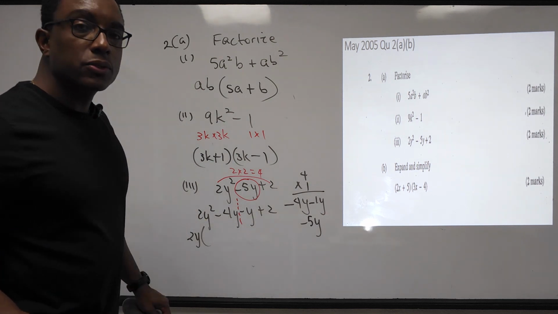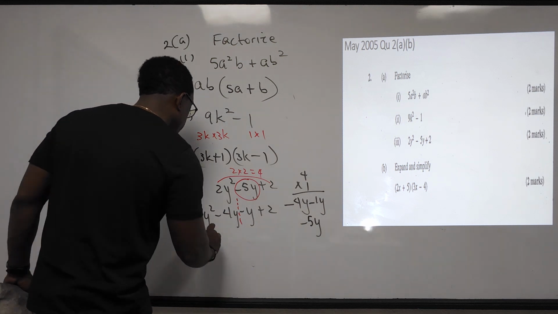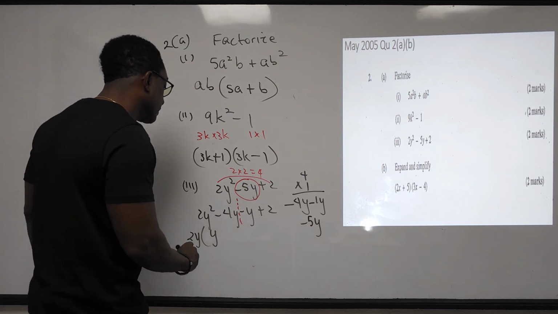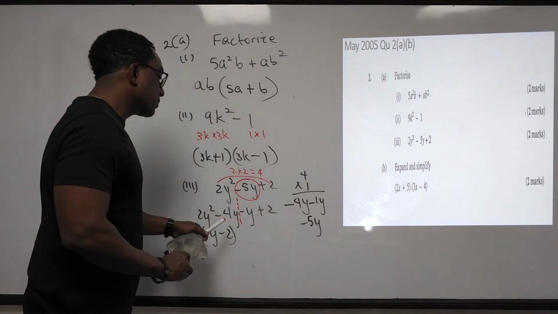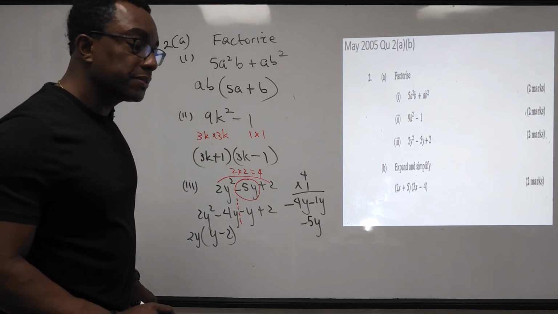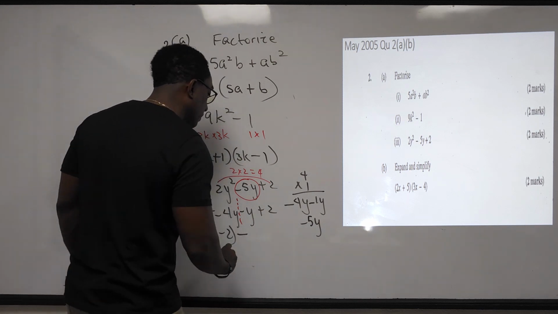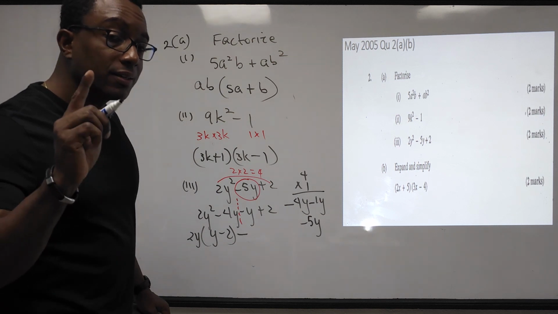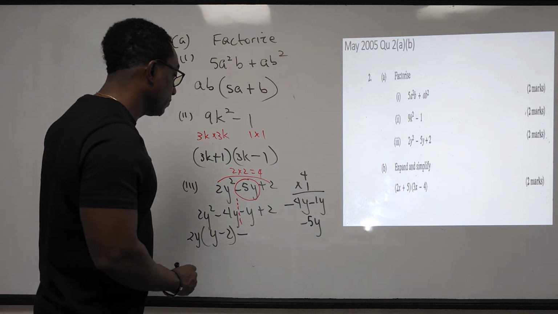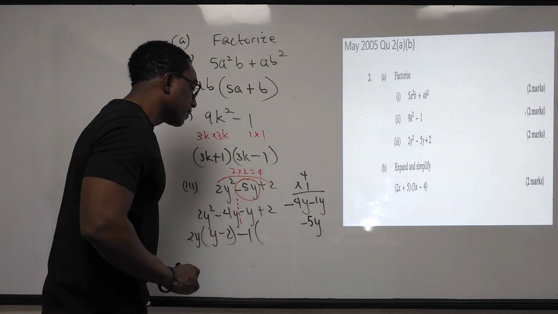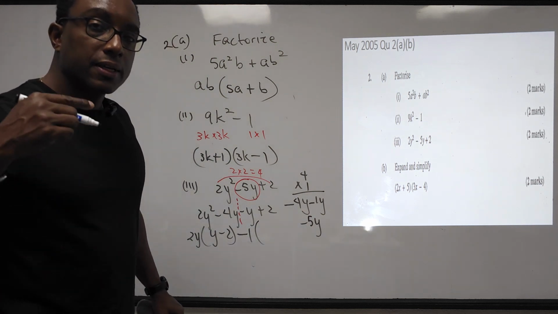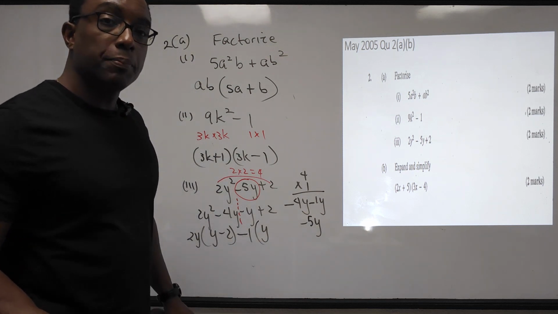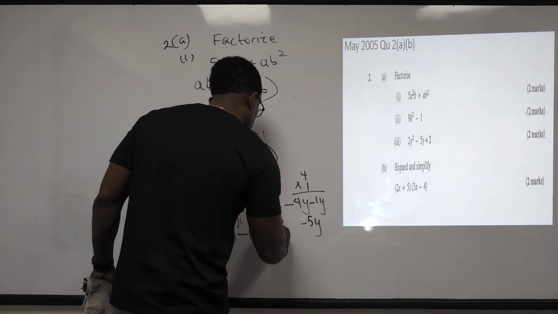So 2y into 2y squared gives me y. And 2y into negative 4y gives me negative 2. The sign that controls the first term of the second pair, I bring it down automatically. There's nothing common to y and 2, but what is understood after my minus sign is 1. So you put 1 after that minus sign. And let's divide. Negative 1 into negative y gives you y. And negative 1 into positive 2 gives you negative 2.